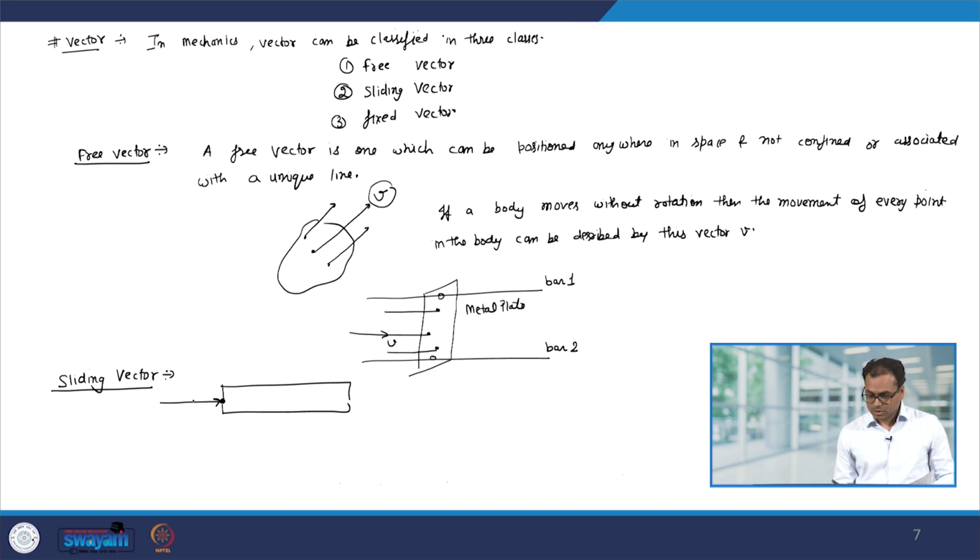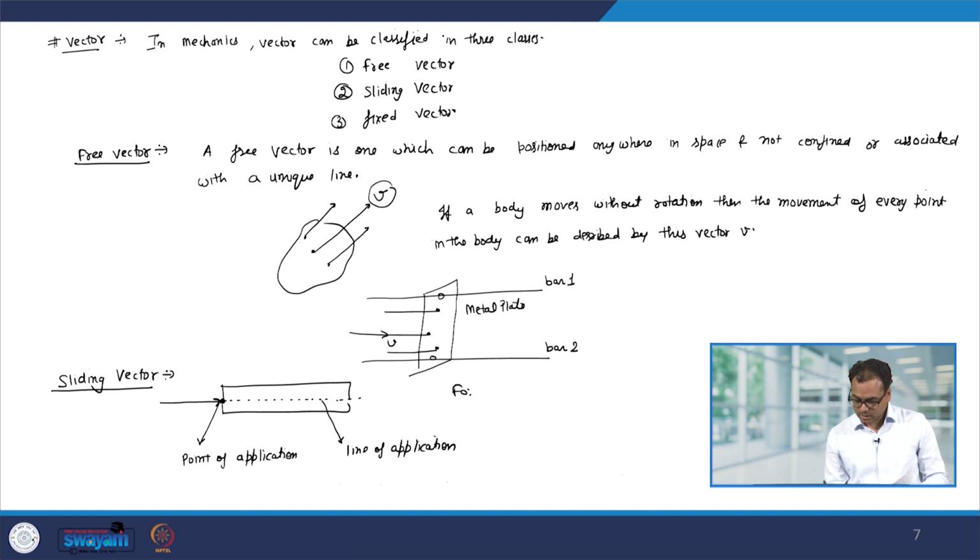This point where I am applying the force is called the point of application, and this line along which I am applying the force is called the line of application. The force will have the same effect if you apply it at any point along its line of action.